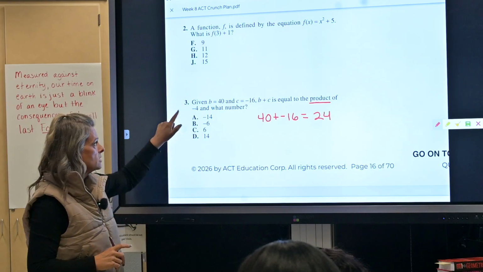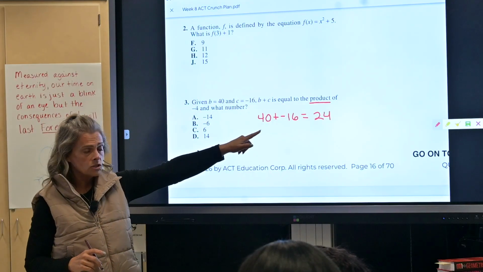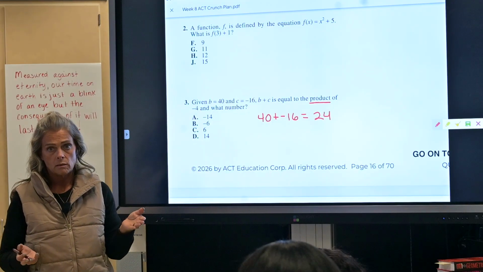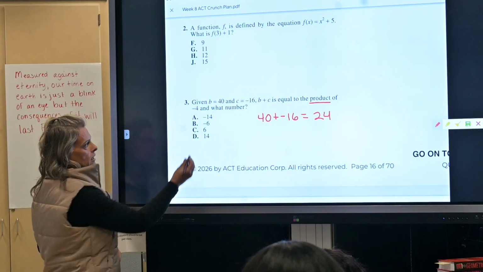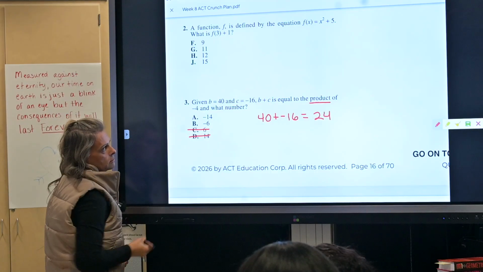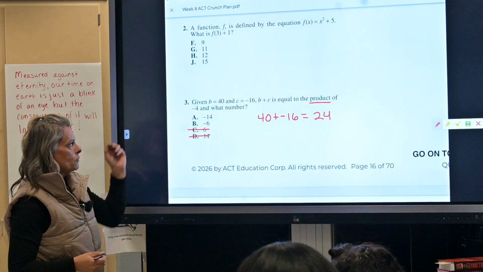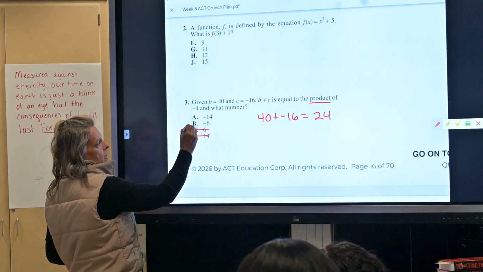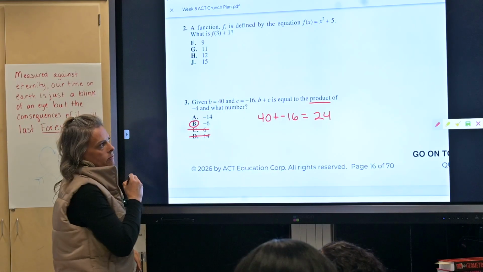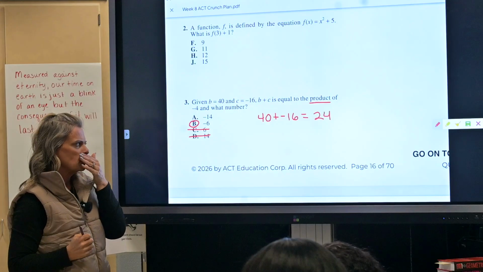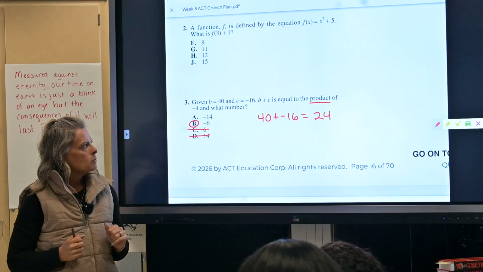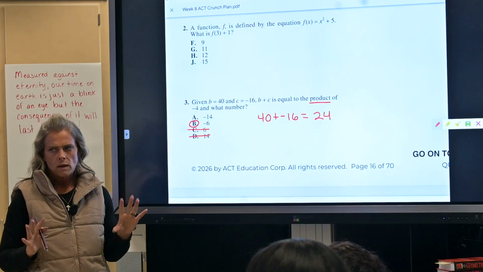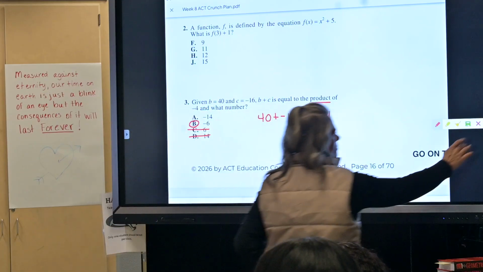First of all, if this is negative and I need my answer to end up being positive, what am I going to multiply it by? A negative number, okay? So I can automatically get rid of these 2 because I know it's got to be negative. Negative 14 times 4 would be way too big, so it's going to be negative 6 times negative 4. Okay, there were a few people who missed that, but does that make sense, y'all? Any questions about that? That was kind of an easier one. Okay. All right.